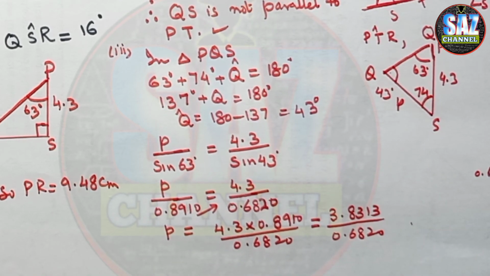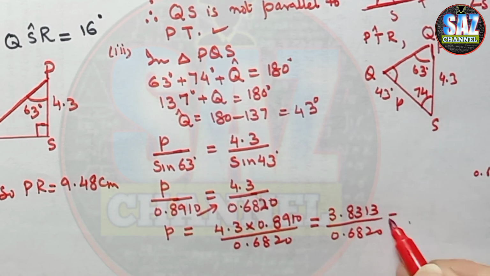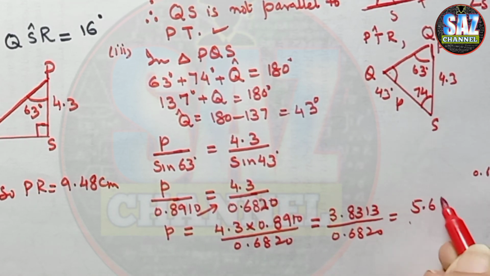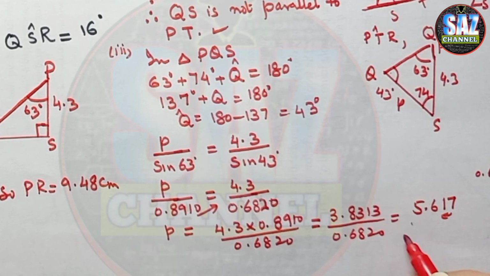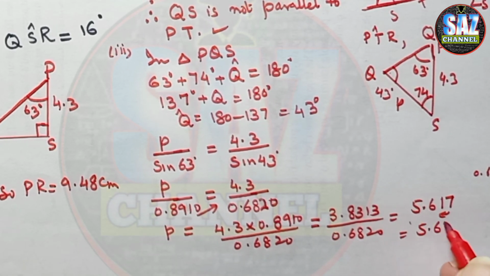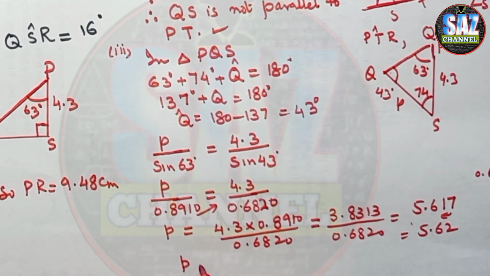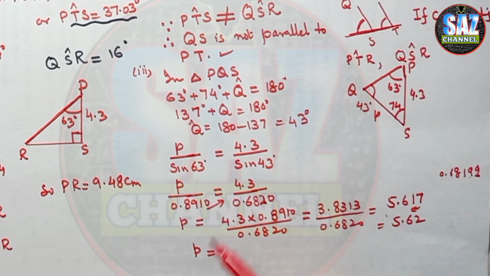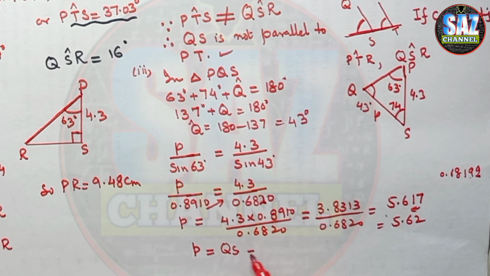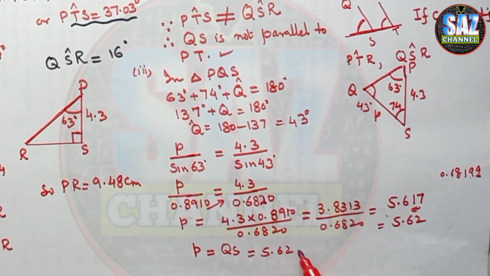Dividing 3.8313 by 0.6820 gives me 5.617. Nearest to three significant figures, it becomes 5.62. So QS is 5.62, and measurements are in centimeters, so I have to mark the unit centimeters.